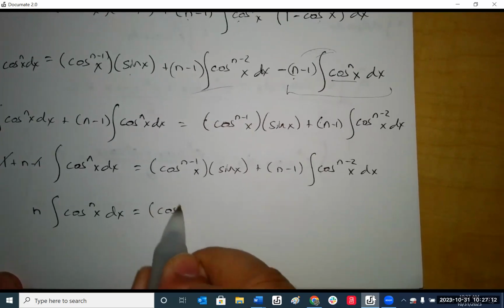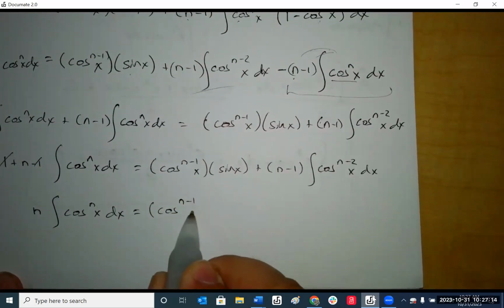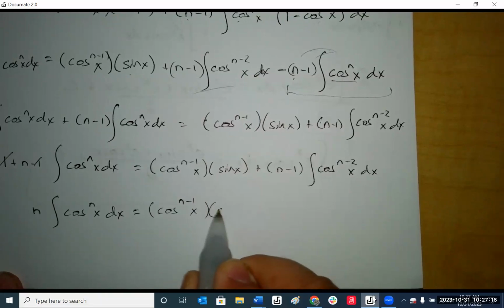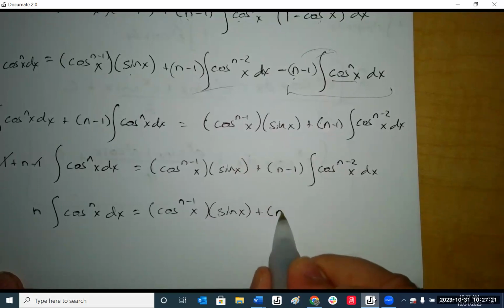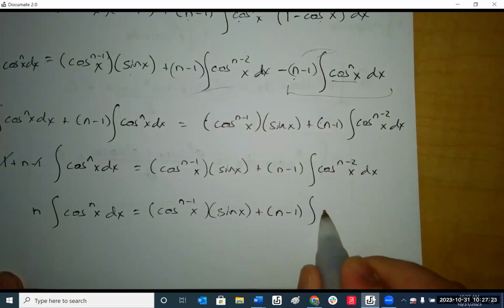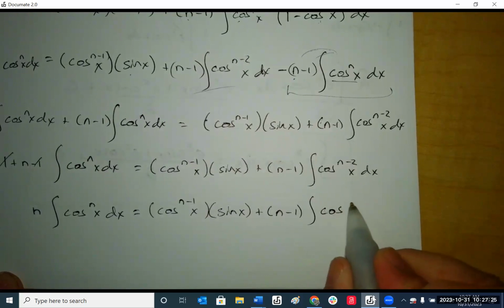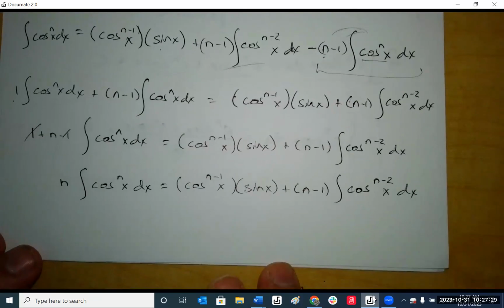is equal to cosine^(n-1)x sine x plus (n minus 1) integral of cosine^(n-2)x dx. So far, so good.